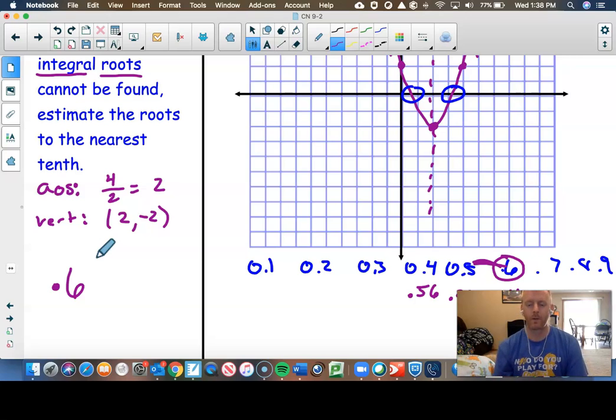Because we know that 0.6 is a certain number of spots away from our axis of symmetry of 2, we can do 2 minus 0.6, and that's 1.4. So 1.4 spots away from where it crosses. If I add 1.4 this way, I would be at 3.4 for my other answer, because they have to be symmetrical.